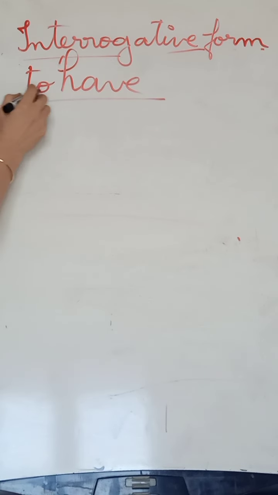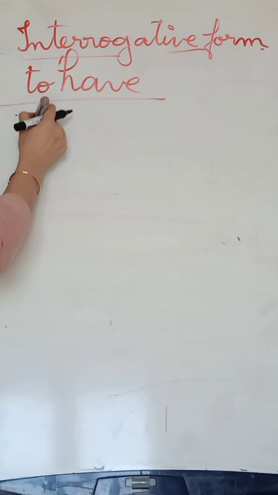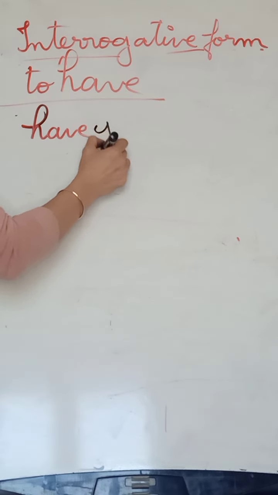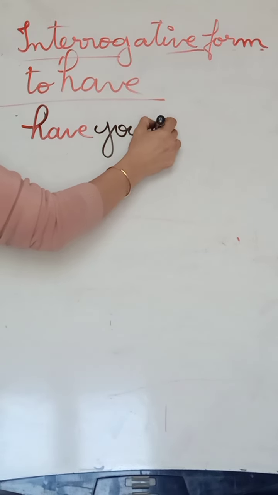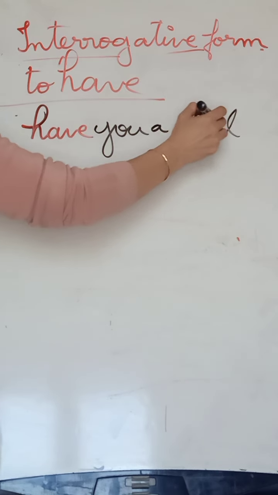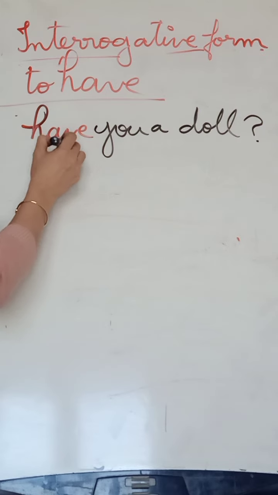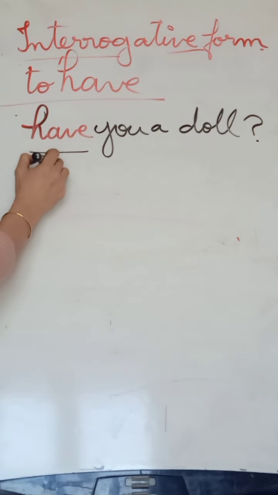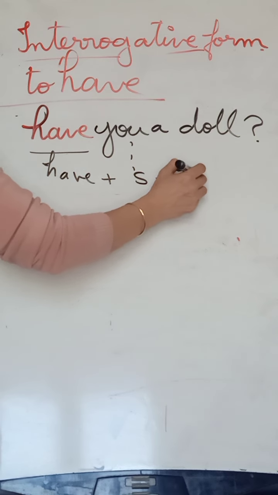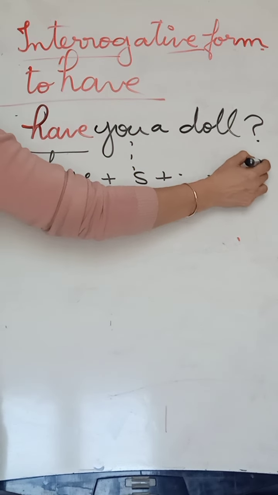Concerning verb to have, for example, I start with have you a doll? Est-ce que tu as une poupée? Okay, I start here with have, and then subject plus the rest of the sentence plus question mark.